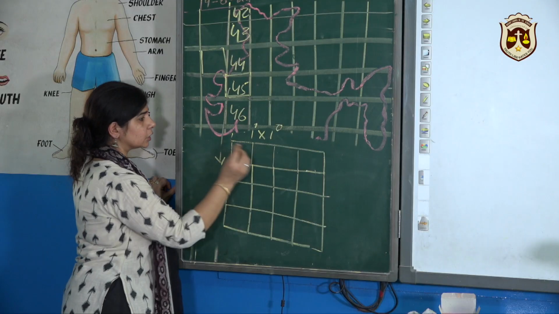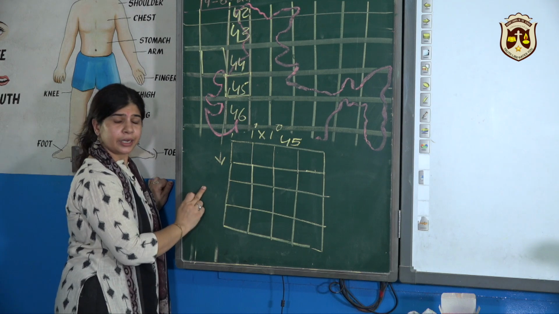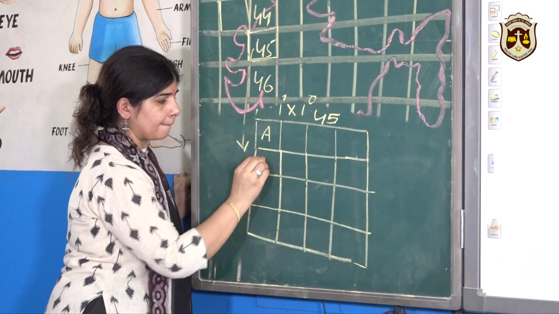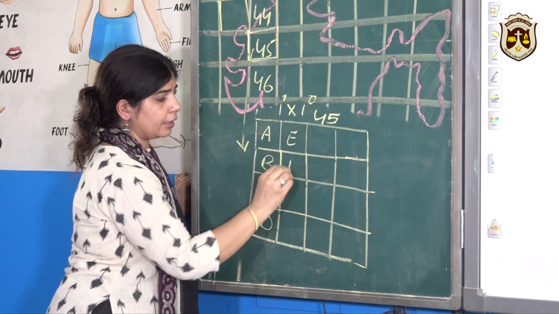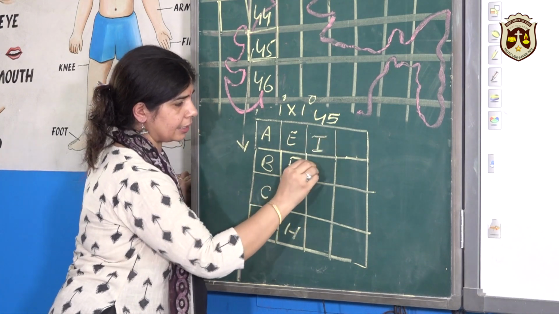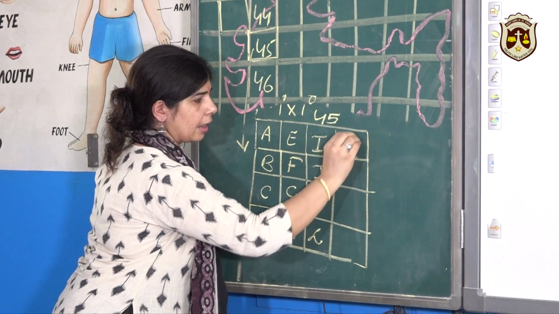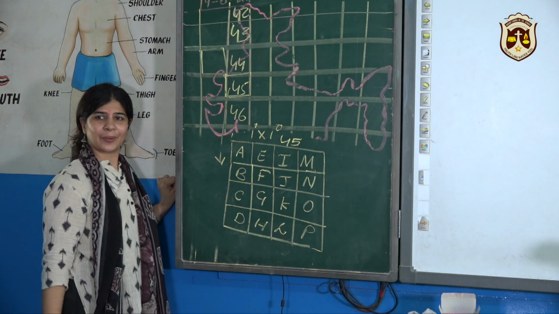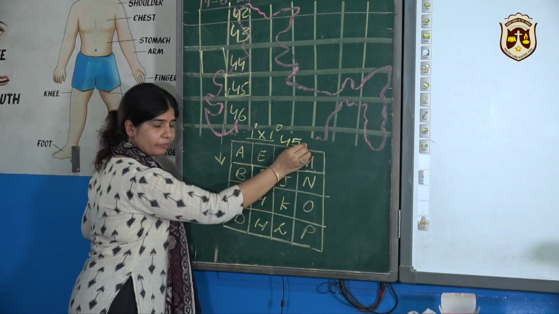information. So this 45 number, now we have 45 number, it is divided into different parts starting from A, B, C, D, E, F, G, H, I, J, K, L, M, N, O, P. And this is 1 degree into 1 degree, 45 number.